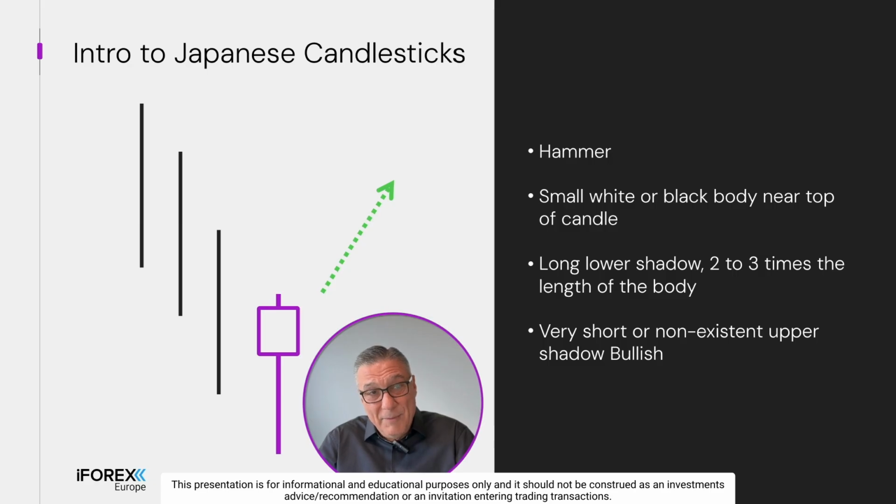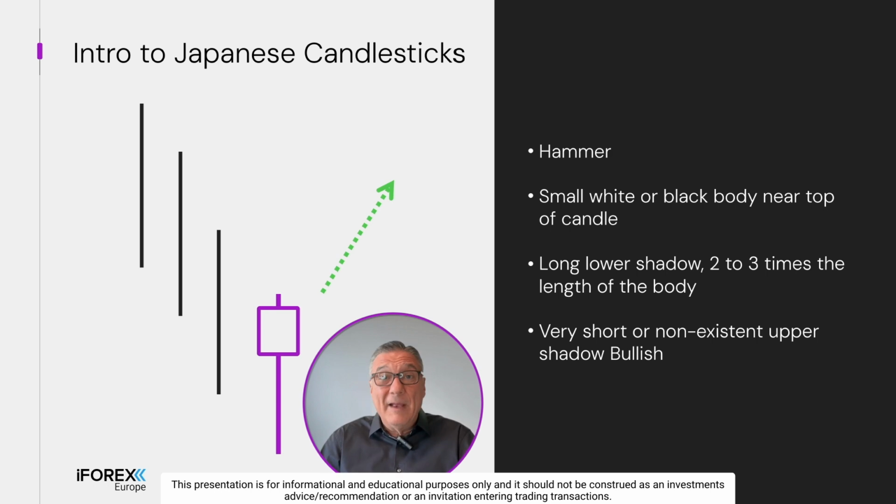For example, one tool to filter out the good from the bad hammers, let's put it this way, is the presence of a support area near the low price.